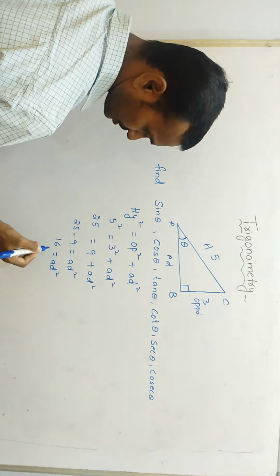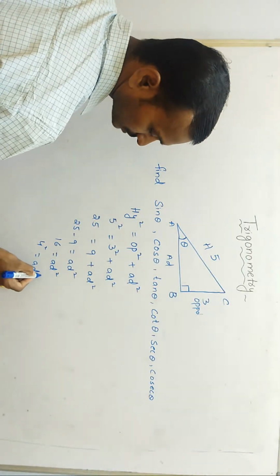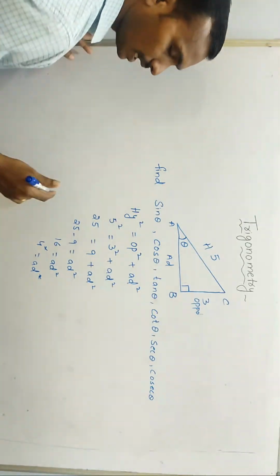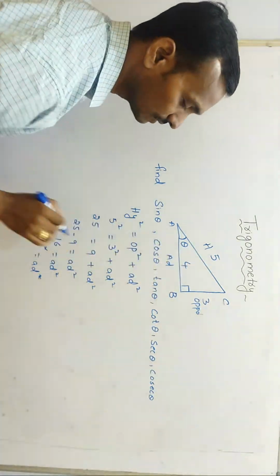Adjacent square is equal to 16. This is nothing but 4 square. Square cancels on both sides. Adjacent value we are getting 4. So now the value of adjacent is 4.